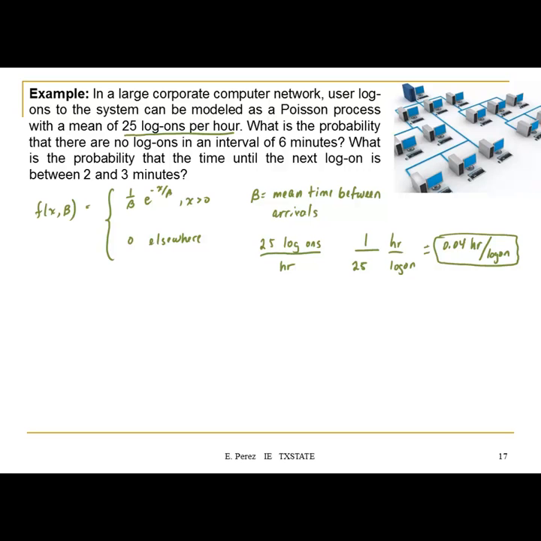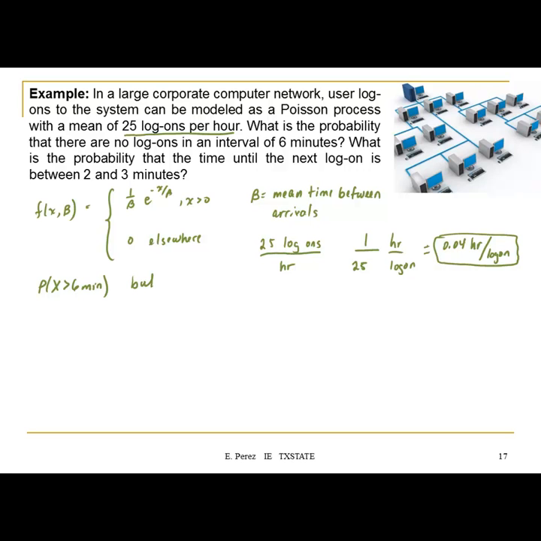One way is to find the probability of having the first arrival after 6 minutes. If the first arrival occurs after 6 minutes, then you know that there will be no arrivals in the first 6 minutes. So we can state that as the probability of x being greater than 6 minutes.